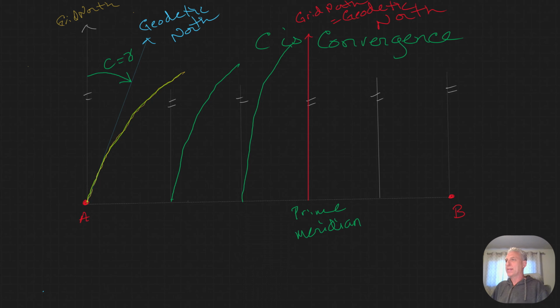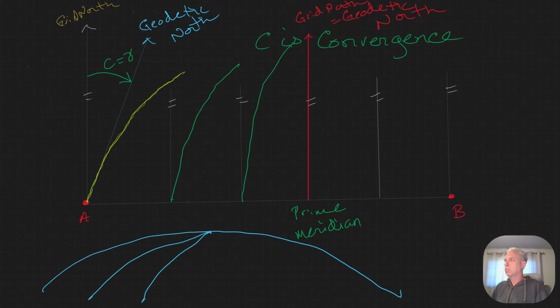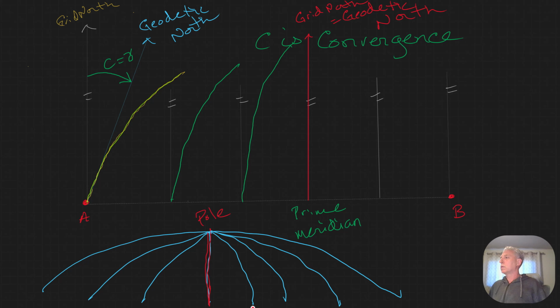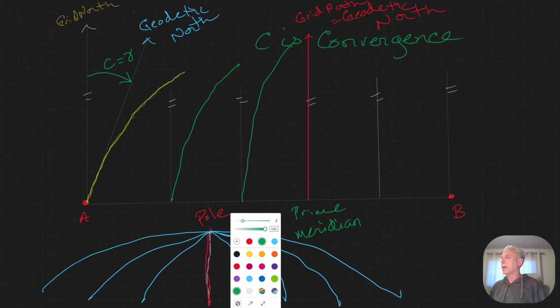And to kind of demonstrate that, if I had a globe here, and we have our lines of longitude coming from the pole, depending on our perspective, there is one line of longitude that appears to be completely straight. If we're looking head on, so this is the pole, if we're looking head on at our prime meridian, and then the lines start going the other way, don't they? So we can demonstrate that.